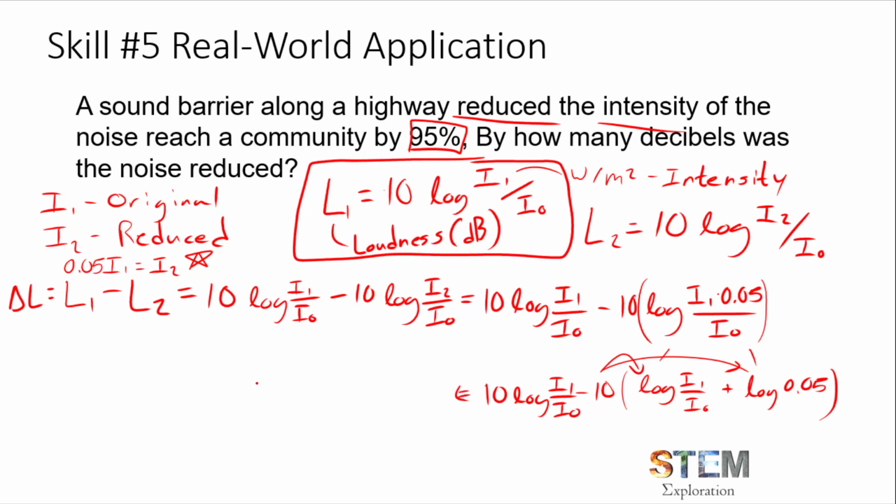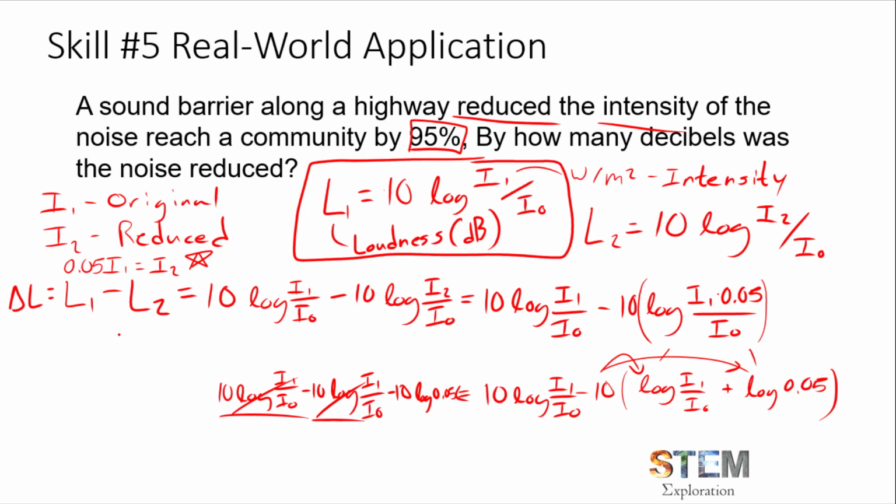So I'll have 10 log of I1 over I naught minus 10 log of I1 over I naught minus 10 log of 0.05. I'll see that these are opposites of each other, so they will just cancel each other out.